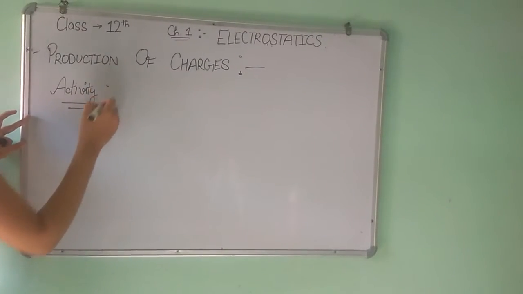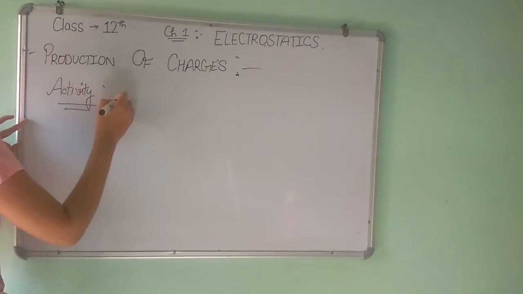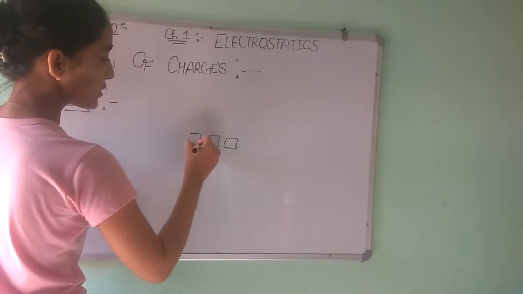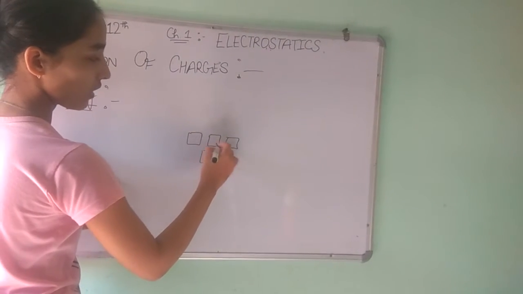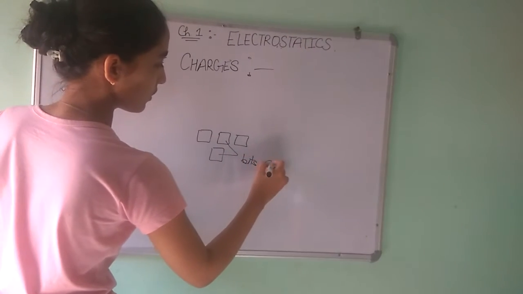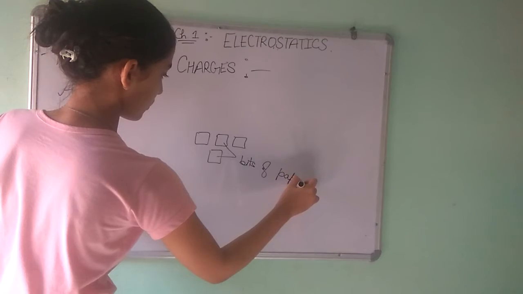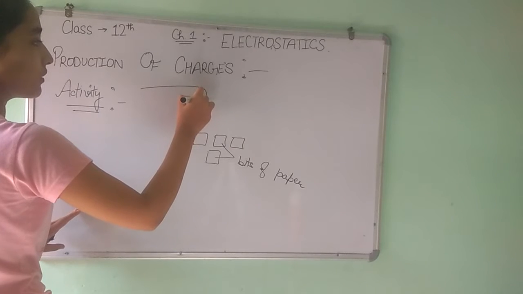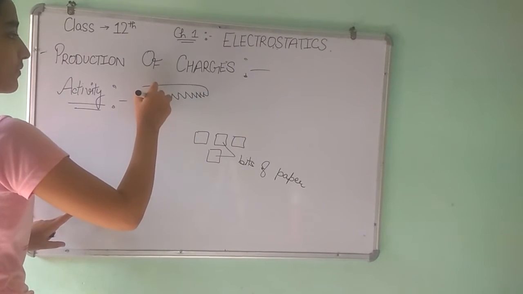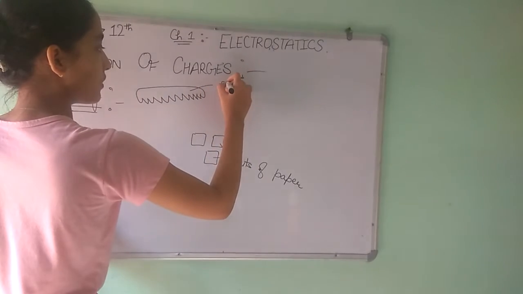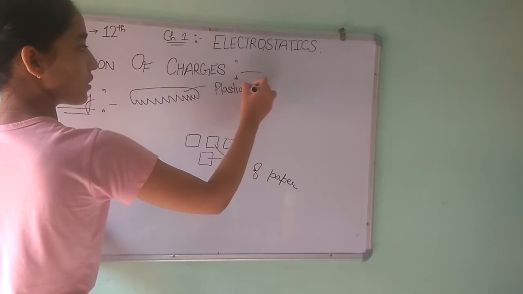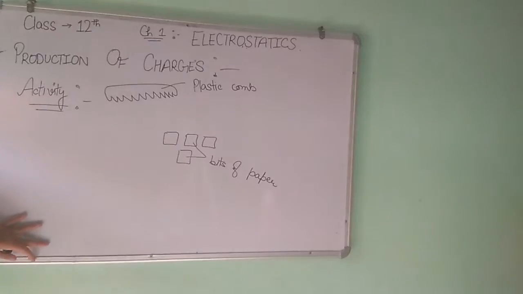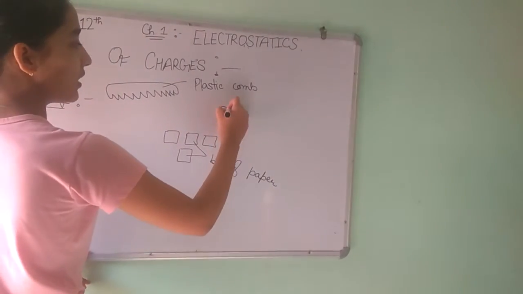An activity for you. It's very simple. You have generally observed it. You take bits of paper, these are bits of paper, and here you take a plastic comb, and these are your dry hair.